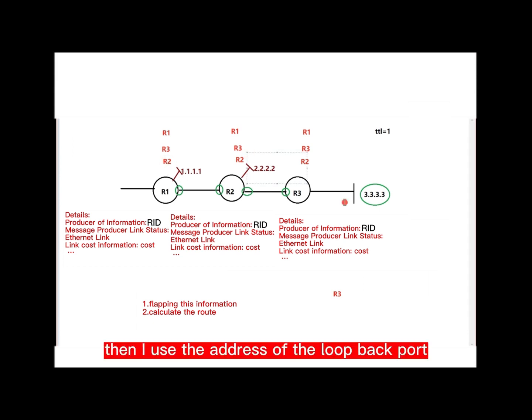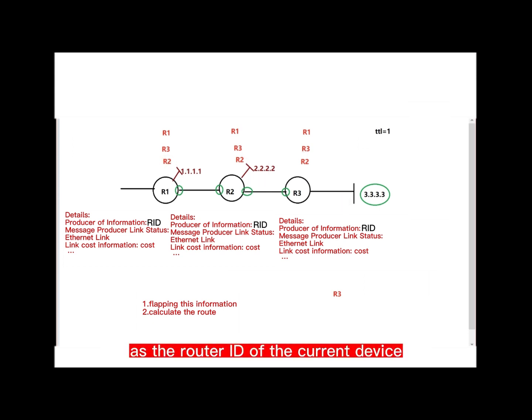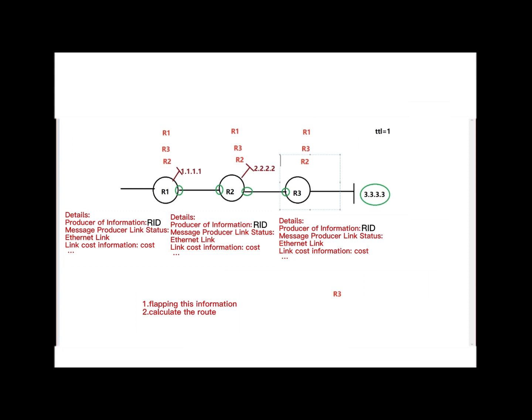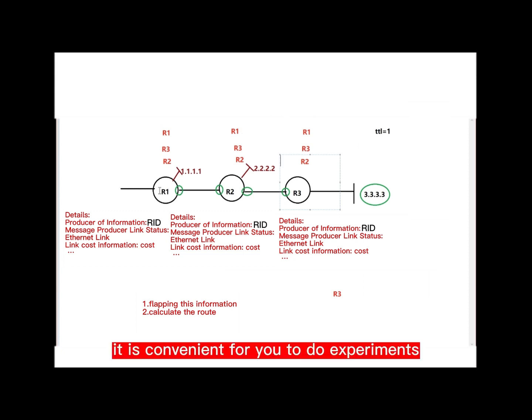Then I use the address of the loopback port as the router ID of the current device. When we experimented, R1 router ID is 1.1.1.1, R2 router ID is 2.2.2.2, R3 router ID is 3.3.3.3. It is convenient for you to do experiments.